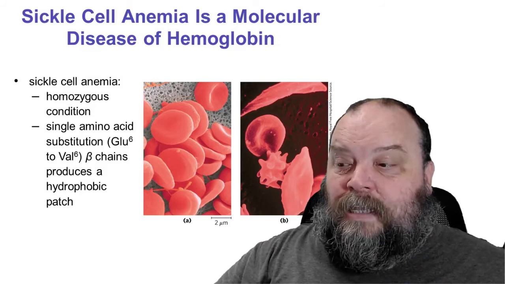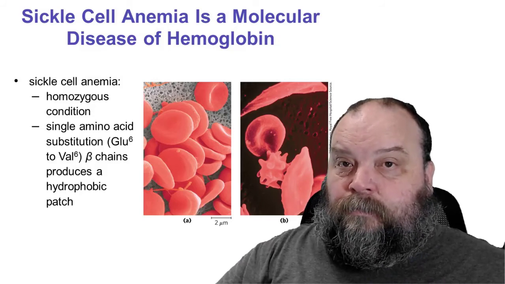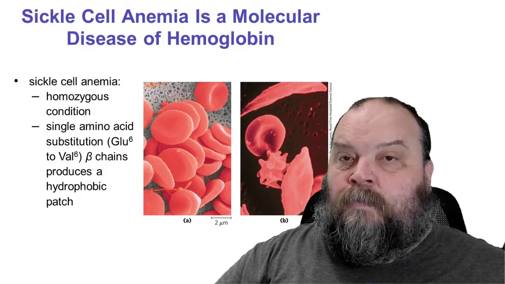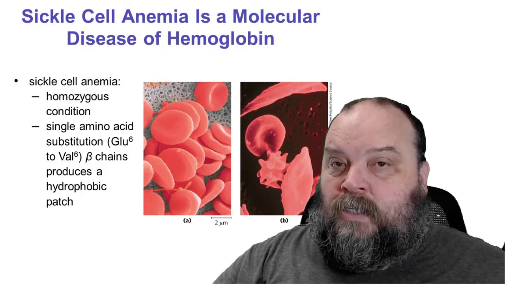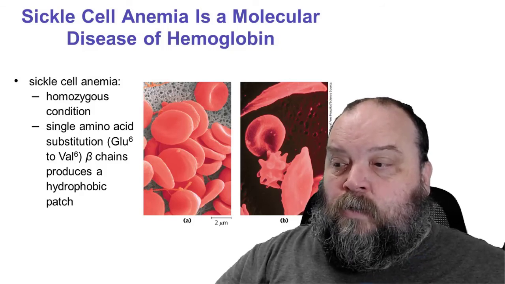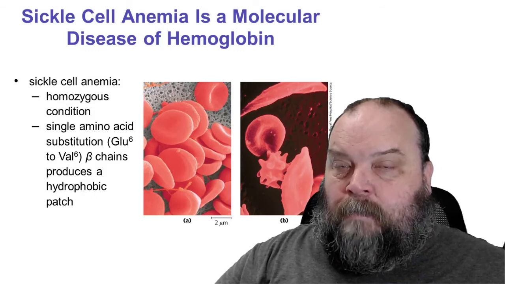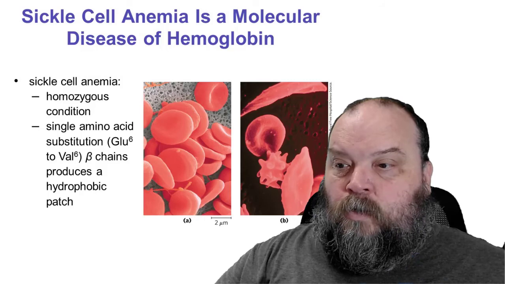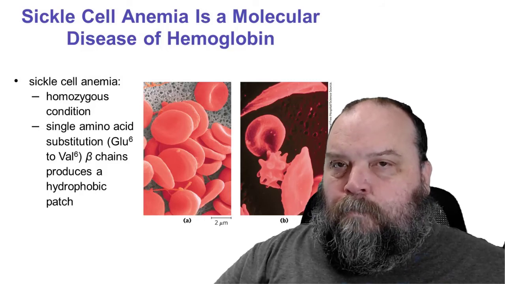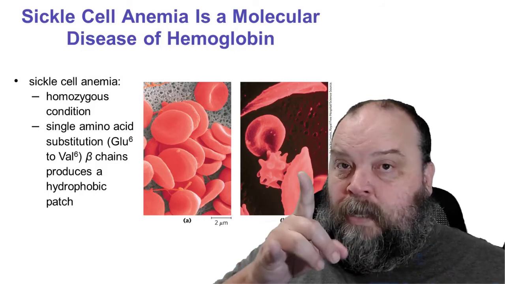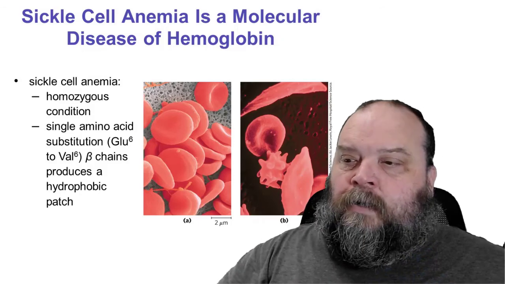Glutamate becomes valine, at the 6th position. Yes, we know exactly what the mutation is. That small change, glutamate to valine, changes a hydrophobic patch. So you get an altered beta subunit. Remember, 2 alphas, 2 betas.